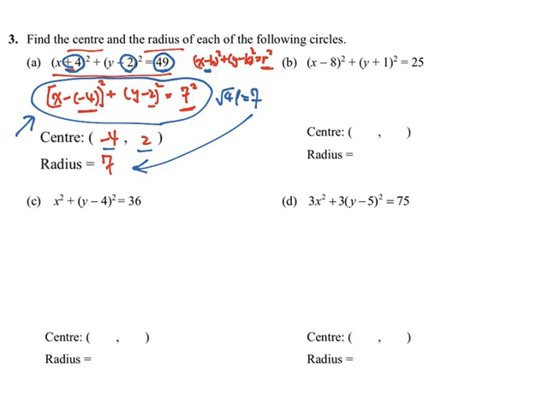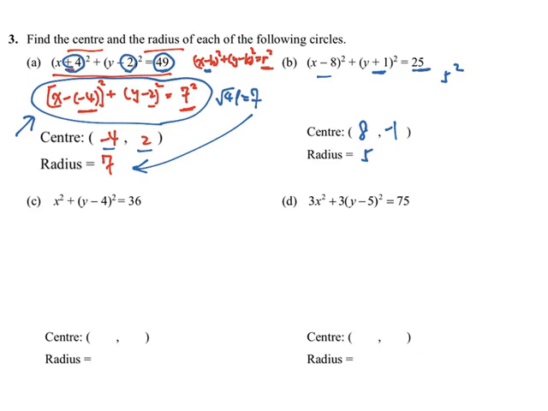Now, try to do question B to D. Okay, let's check it. For question B, as I said, you see negative 8, so the center is 8, and for this one, opposite, so negative 1. And for the radius, 25 is actually 5 squared, or root 25. So the radius is 5.